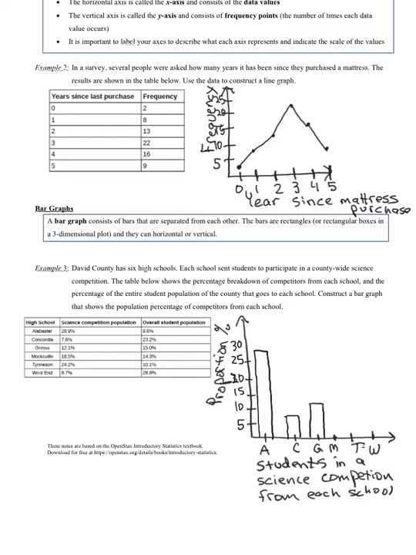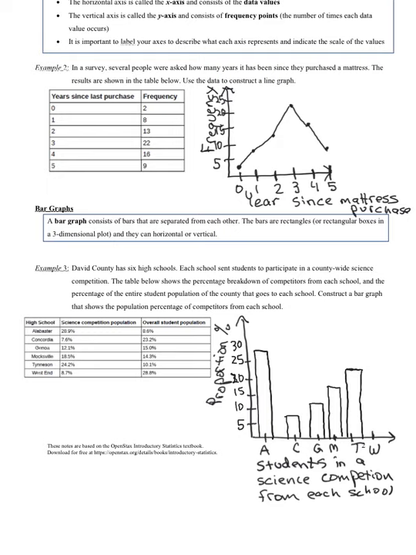For Mocksville, 18.5%. So a little bit below the 20%. For Tennyson, 24%. And if you're working with a program, say like Excel, these bar graphs will come out really neat.